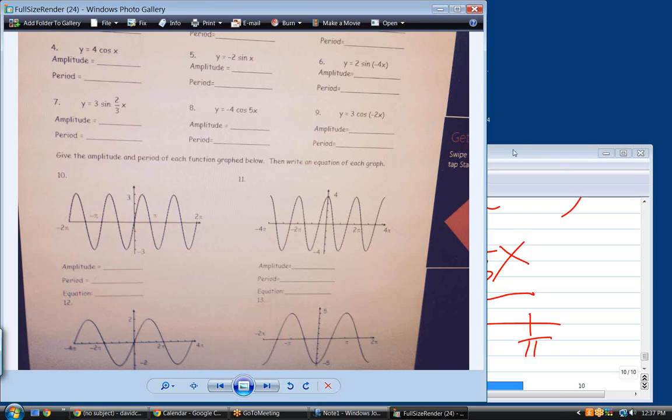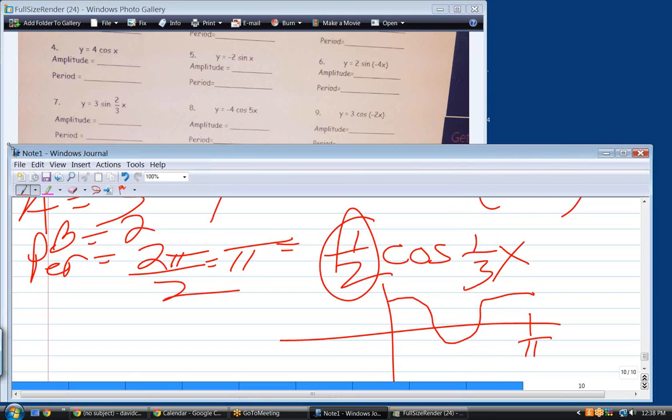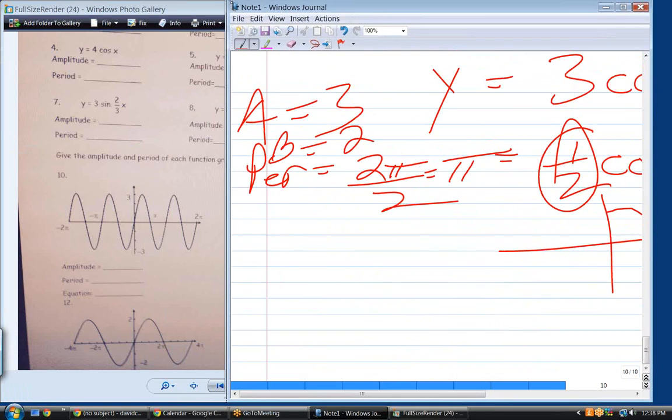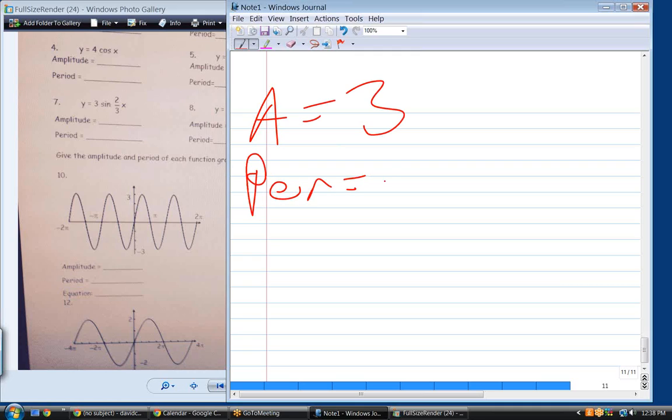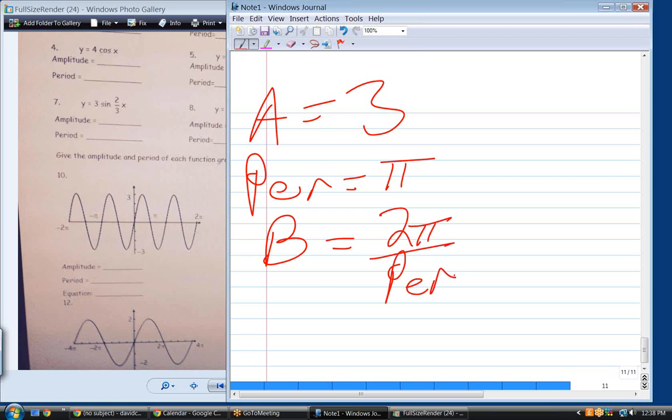So what's the equation? Hold on a moment. Let me move this. We said that A was 3, and that the period is pi, therefore B is what? B is always 2 pi over the period, so 2 pi over pi.